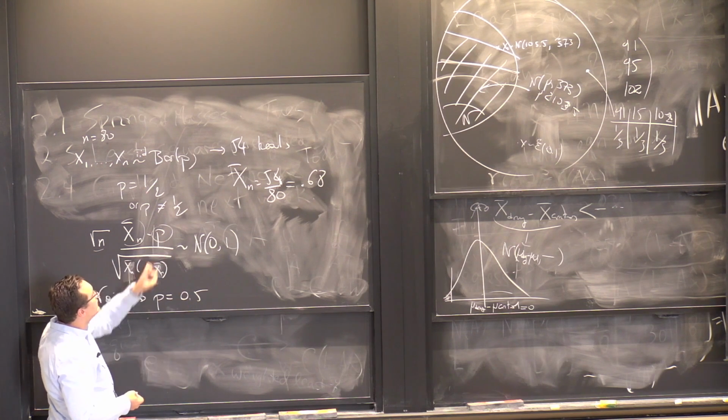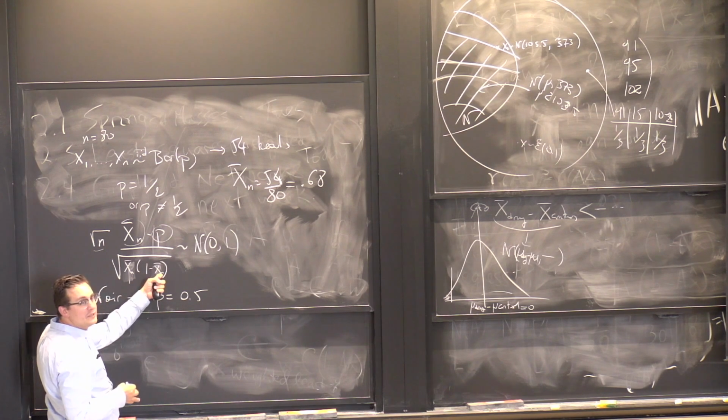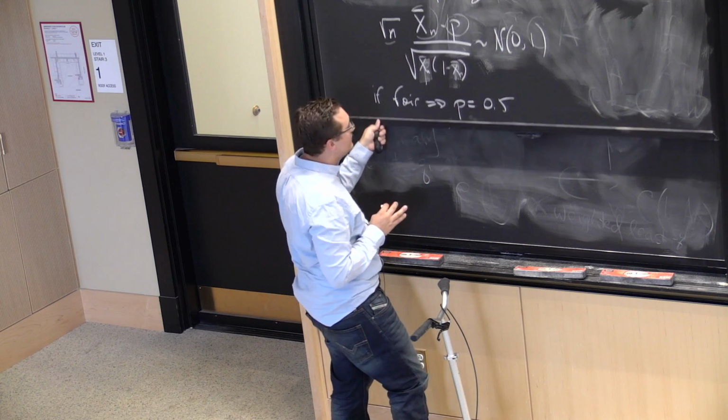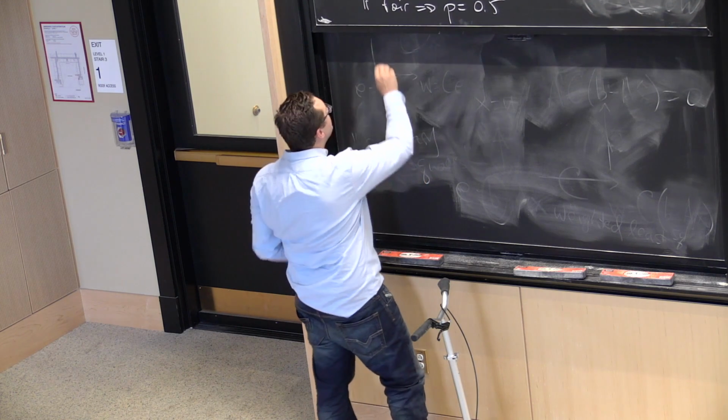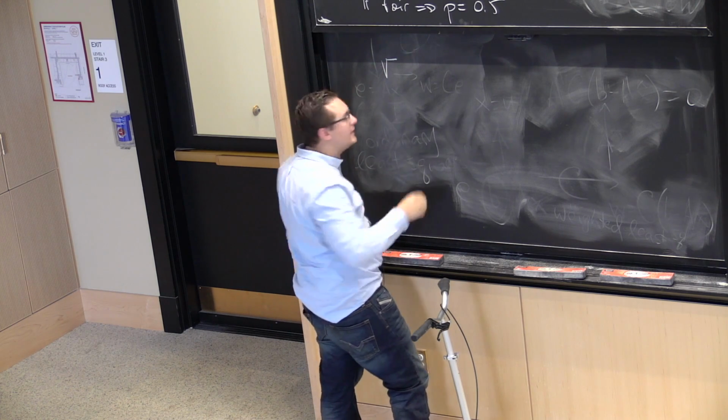So I'm actually allowed to plug in p to be 0.5 here. Now your question is, why do I not plug in p to be 0.5 everywhere? But you can. You're absolutely right. Let's forget about your question for one second.